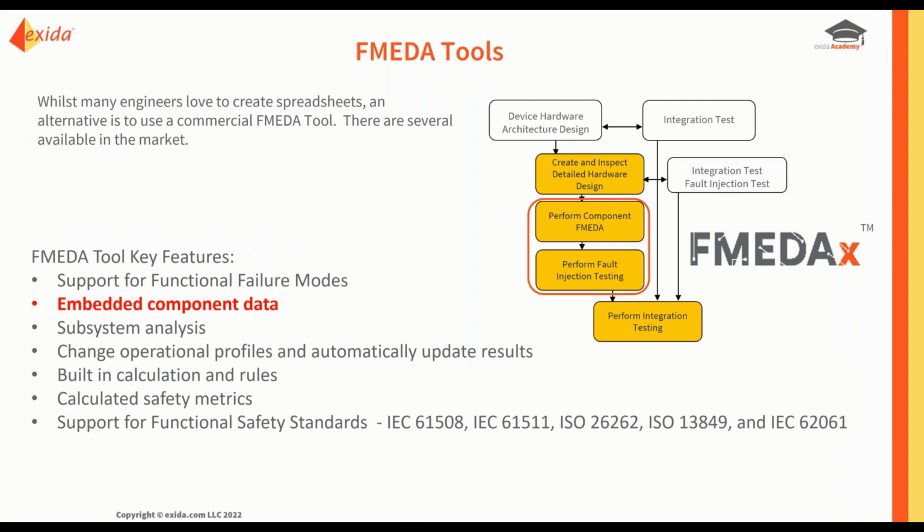It's an important part of any commercial FMEDA tool you are using. I've always said the embedded component database for an FMEDA tool is 80 to 90% of the value of any tool. But that database needs to have the useful life in it, as well as the failure rates.